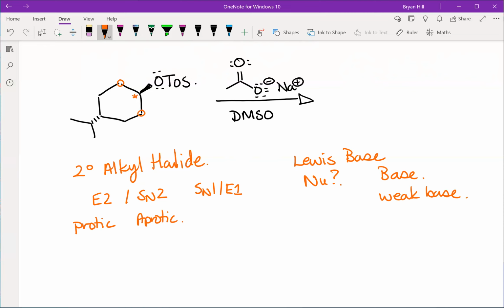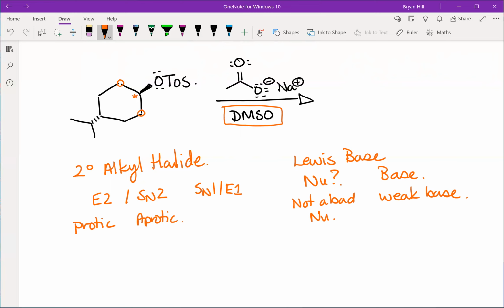And so it's not a bad nucleophile. So in the scheme of the teeter-totter, it's on the side of nucleophile with regards to base. And the other key part is that the solvent is aprotic.